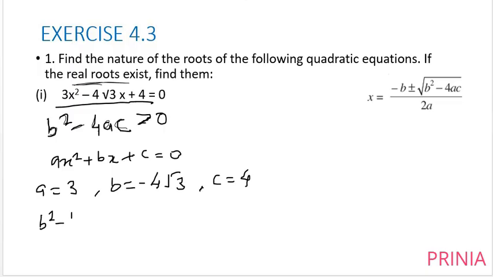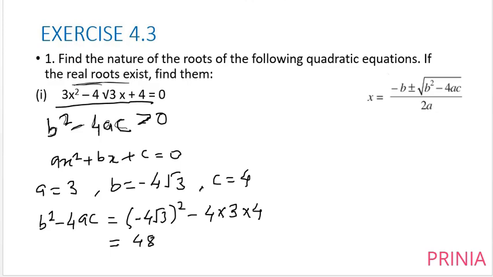It is minus 4 root 3 whole square minus 4 multiplied by 3 multiplied by 4. It gives 48 minus 48, so it is 0.